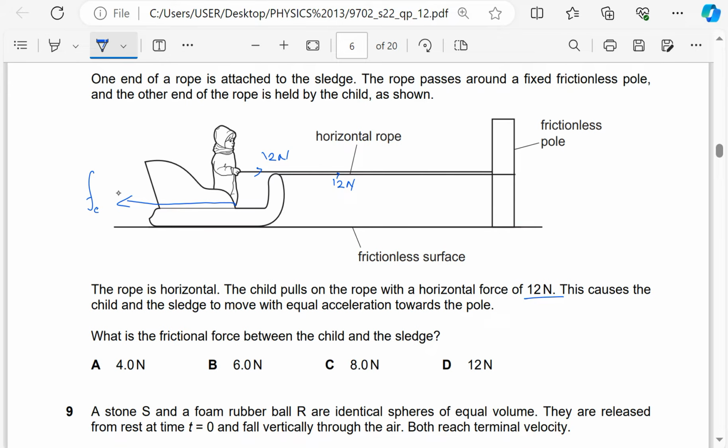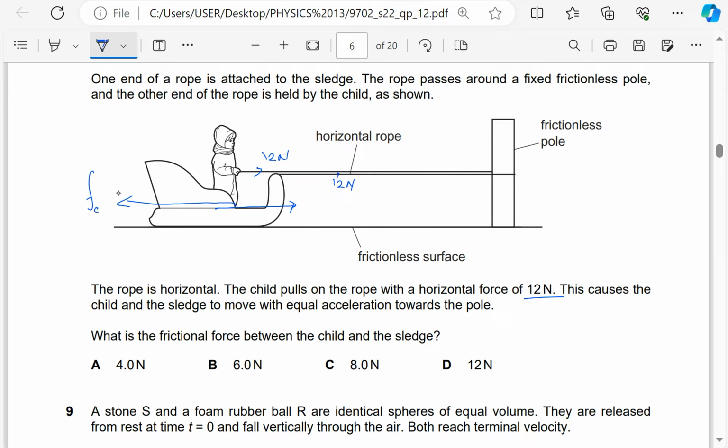But if the child tends to slide back as the sledge moves forward, that means there's a frictional force on the child from the sledge, which is going to be in the opposite direction.